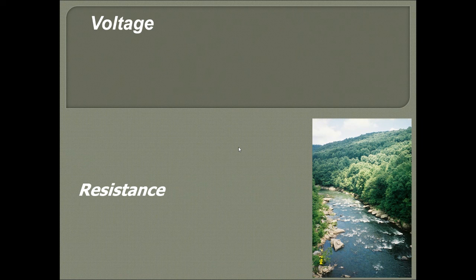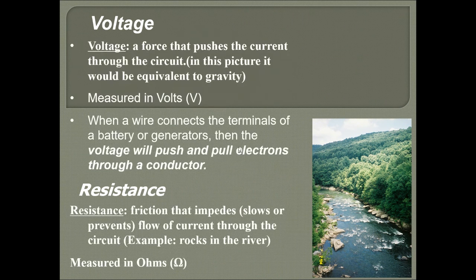Let's talk about voltage. Voltage is a force that pushes the current through a circuit. It is like gravity. Gravity pulls things downward toward the center of its mass. Voltage also pushes or pulls electric charge or current through a circuit.